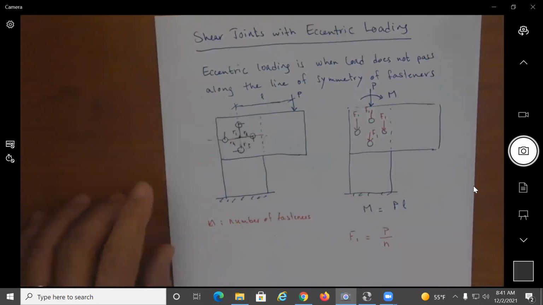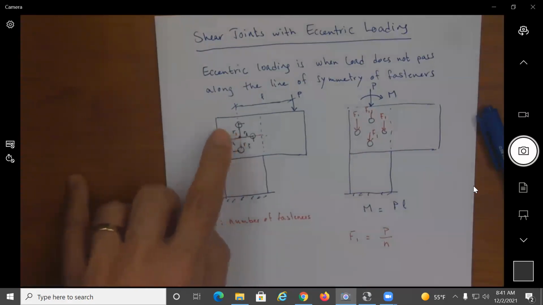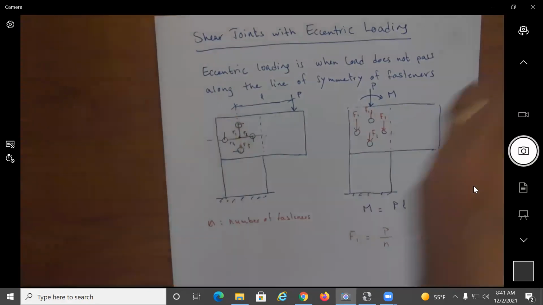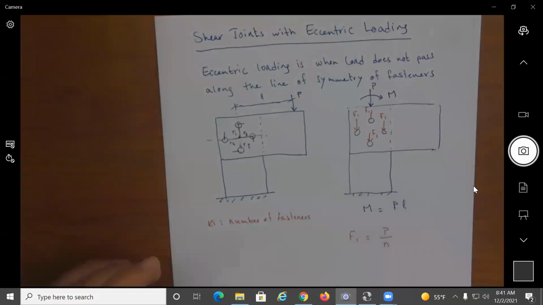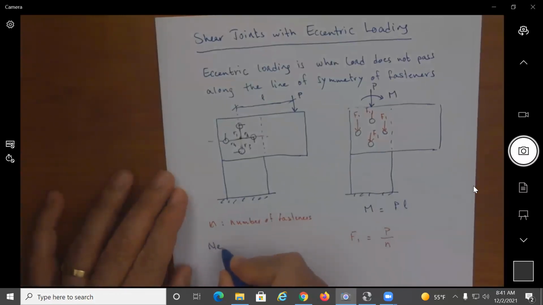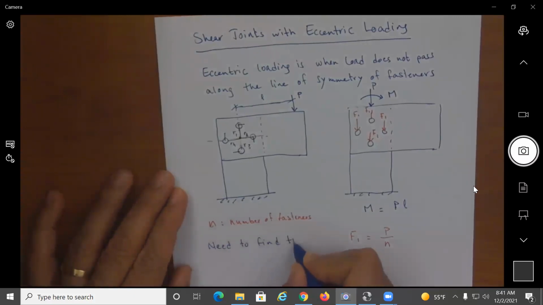So the first step we want here is to find the centroid of the fastener pattern.